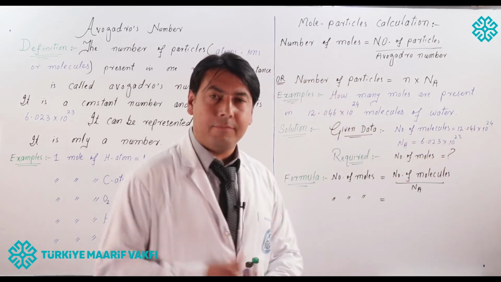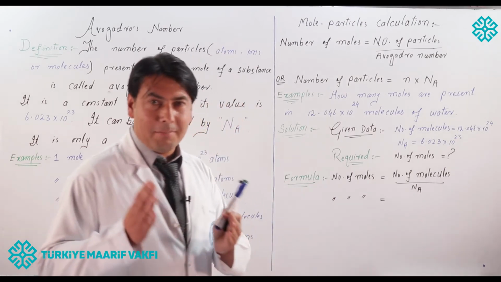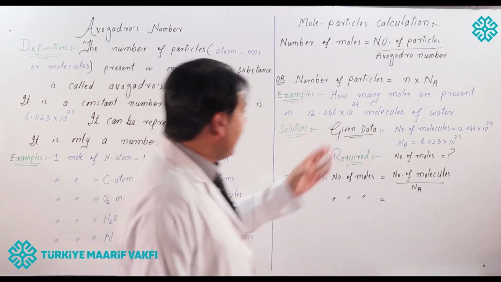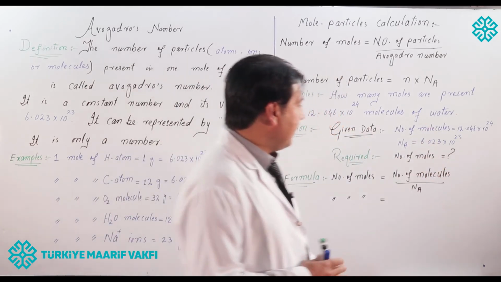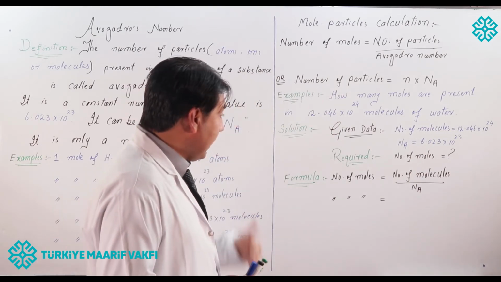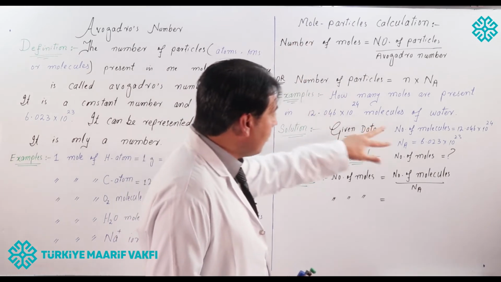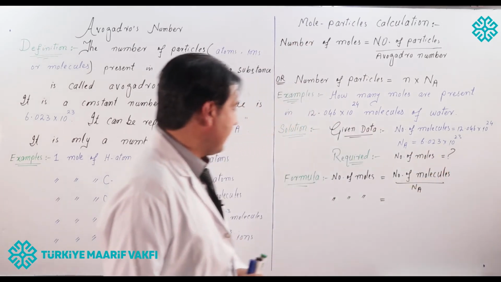Avogadro number is a constant number whose value is 6.023 multiplied by 10 power 23. Required: we have to calculate the number of moles from these two values.